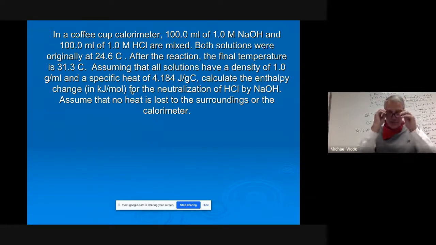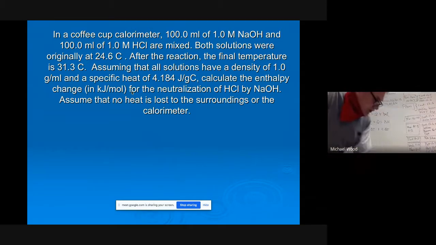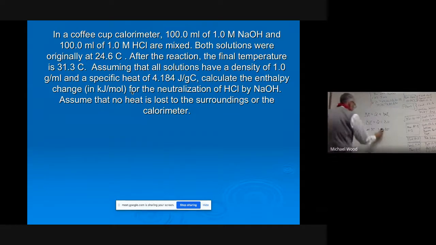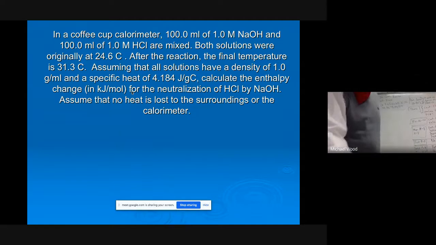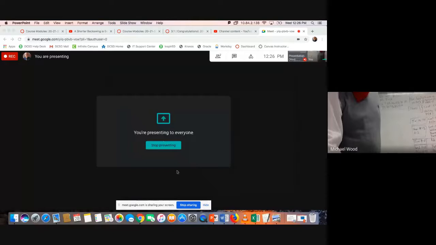If I read this out, I think in these AP chemistry problems, there's always so much information. To me, writing things out is always beneficial. Okay, so you can read this. Now I'm going to work this problem on the board.